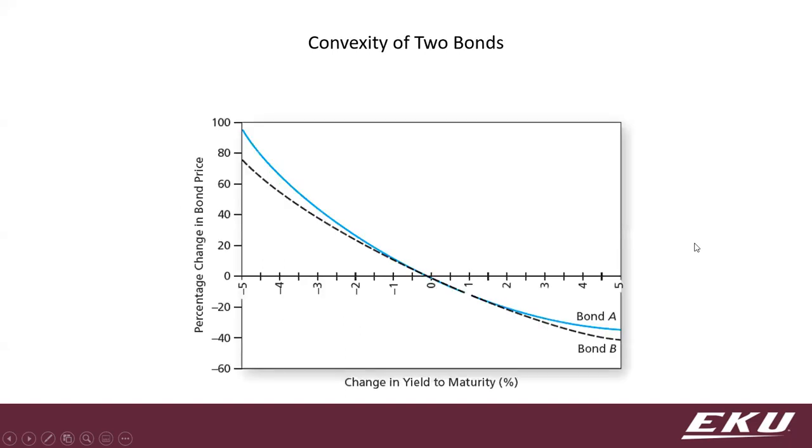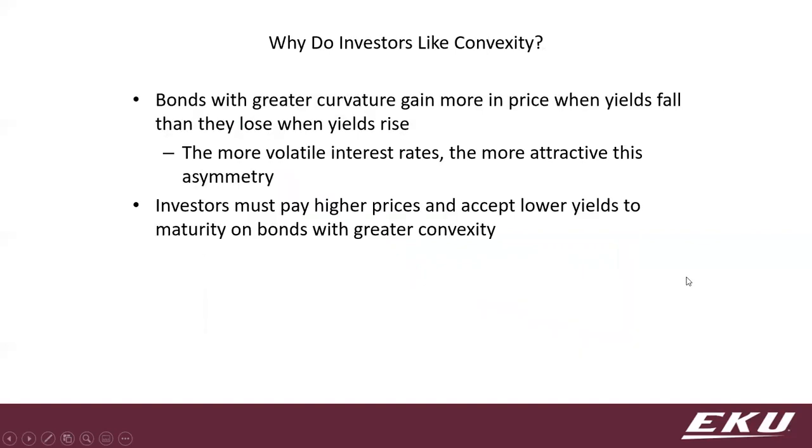And then this is to show you how convexity would be different. So we would want to be able to pick between them, right? The more volatile your interest rates, the more convexity is appealing to you. But you are entering into something that's a bit riskier if it were to go the other direction.